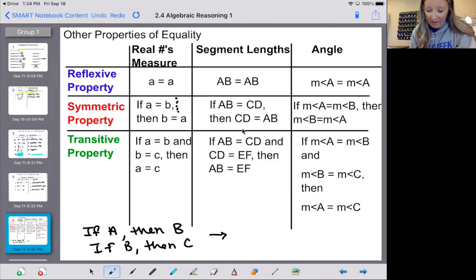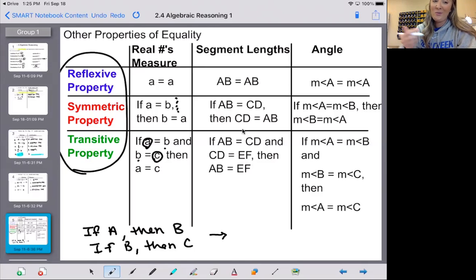So it says if A is equal to B and B is equal to C, then you know A is equal to C, right? So with segments, it works the same way. If segment AB is equal to segment CD, like let's say they're both 5 units long, but you know that CD is equal to EF, then you could also say EF and AB are both 5, right? So they're both equal. Same thing with the angles there at the end. If measure of angle A is equal to the measure of angle B and measure of angle B is equal to measure of angle C, you have to then conclude that the measure of angle A and C are the same. So we're going to use these 3 properties in our proofs from now on.